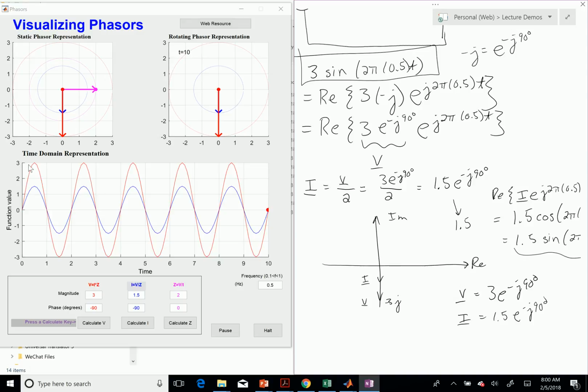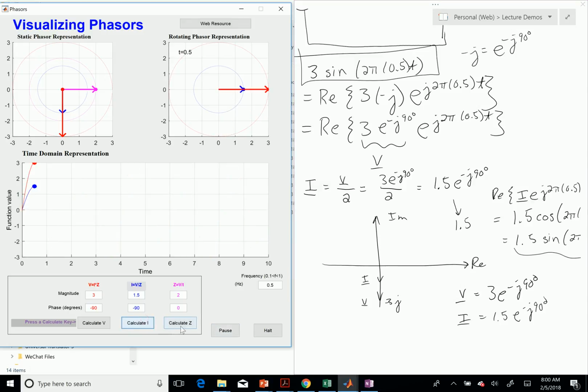In the time domain, the waveforms that got traced out were both sine waves. As time advances, if I calculate I, watch that rotating. At any given point in time, right now where I stopped this at t equal to 1.6, I can see that the real part is just below negative 3.